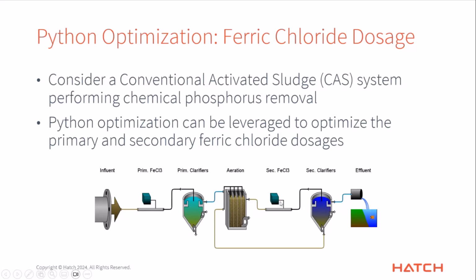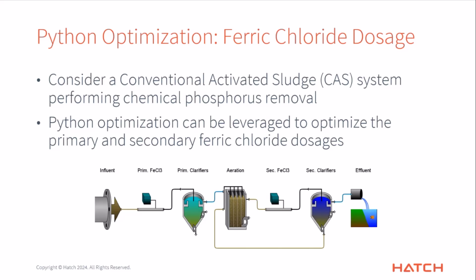So it's just a very basic process. We'd like to leverage Python to perform an optimization to give us the best values for our primary and secondary ferric chloride dosages so that we meet a couple of effluent phosphorus targets that we're going to set, while minimizing the caustic chemical required to meet those targets.